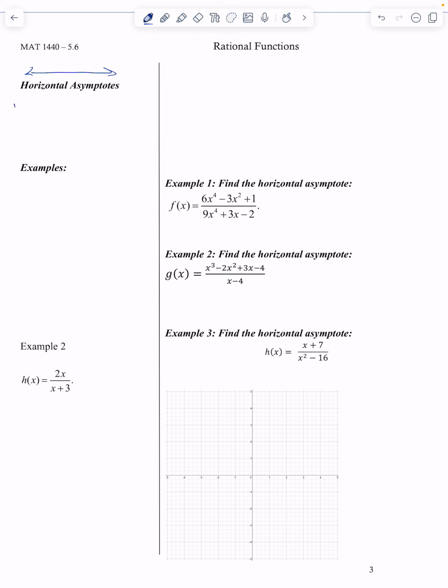For our function, one thing I want to make clear here, we've got p of x over q of x, and we're going to call m the degree of p, and n is the degree of q.